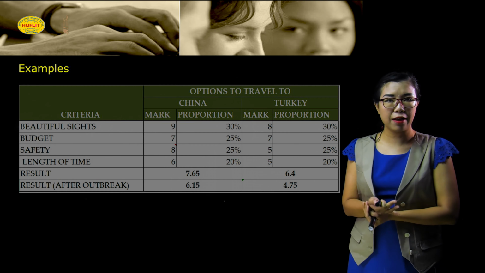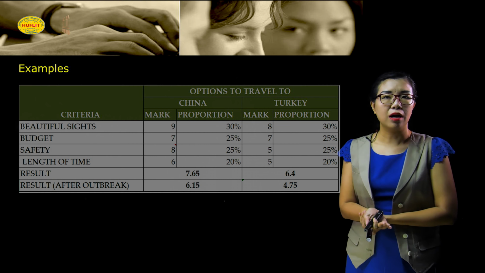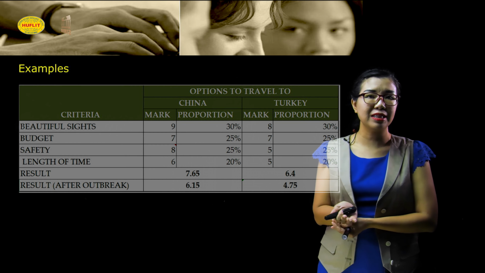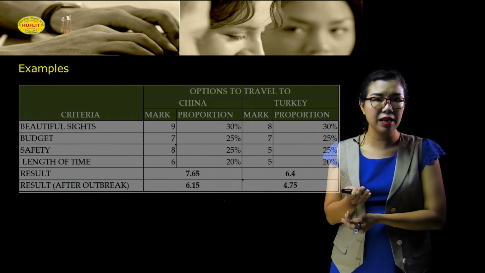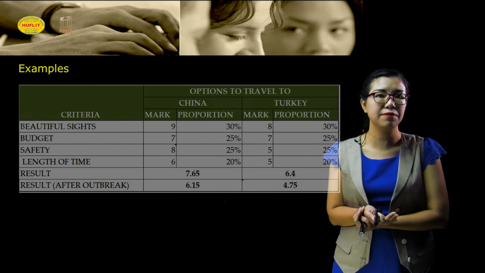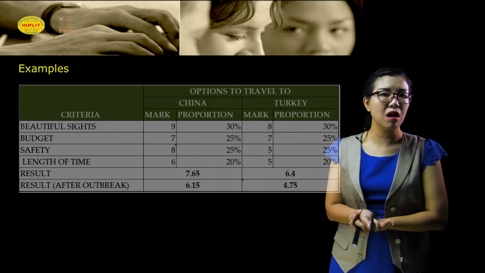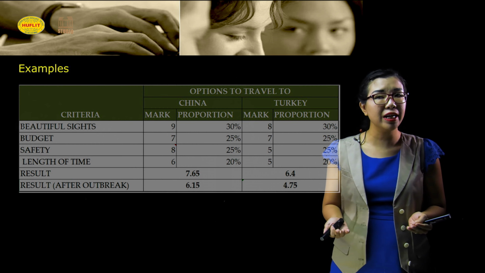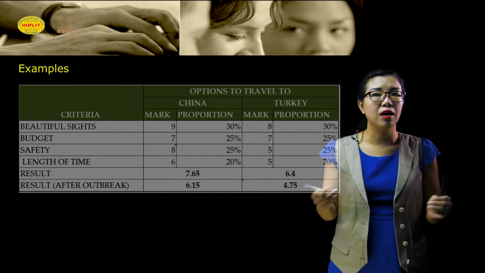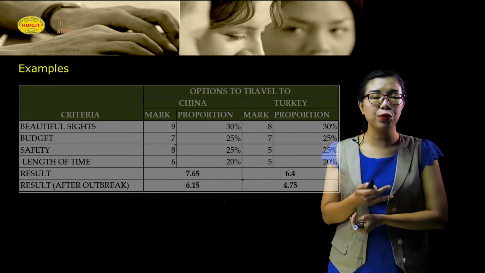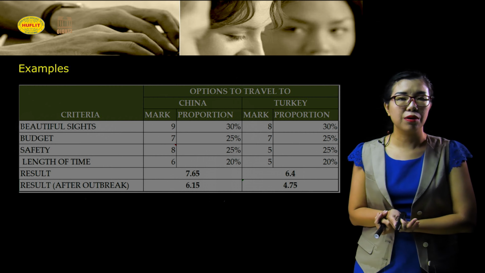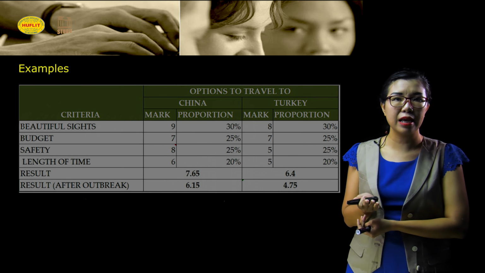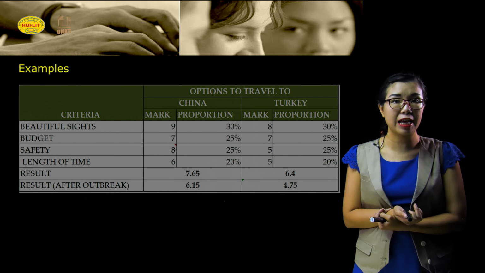You need to feel safe in the place that you want to travel, so the safety also accounts for 25%. And last but not least, the length of time, which means the length of the flight and the length of your stay there. You have to consider that element, so here I put 20% for the length of stay.